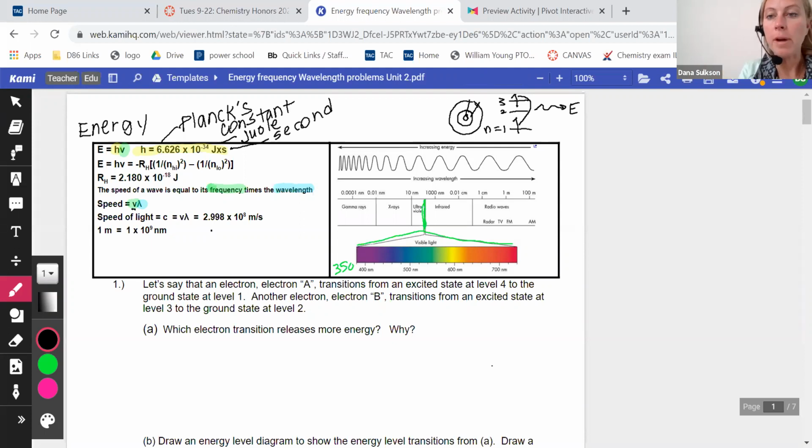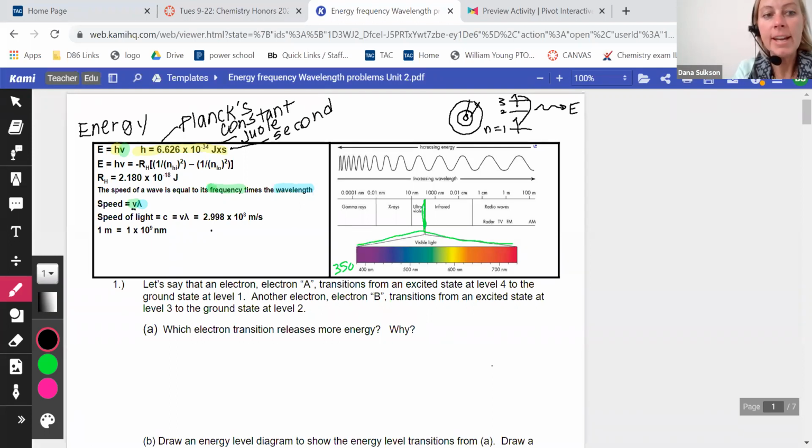So back to my equations on the left, if I'm solving for energy, and I don't even know what kind of leaps they're taking, I don't know the energy levels, but I do know frequency, how frequent those wavelengths are, I can actually calculate the amount of energy. And from the calculation, I can determine what type of energy is being emitted.